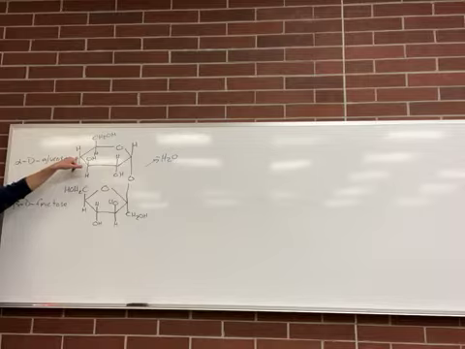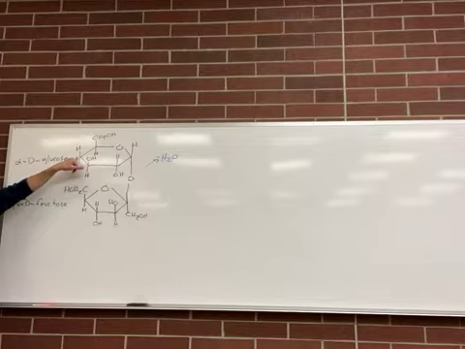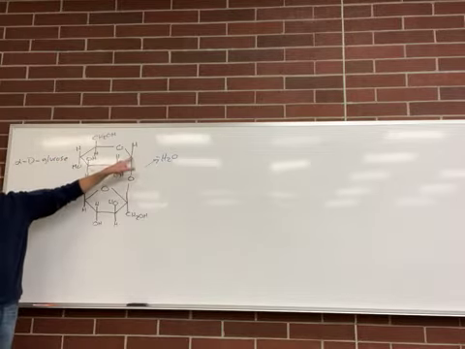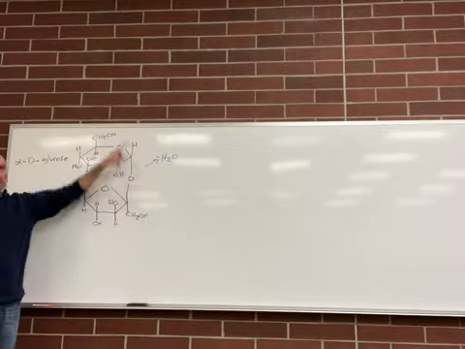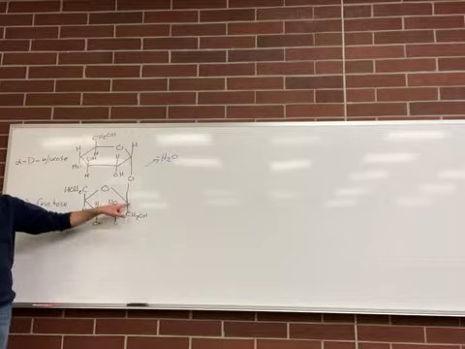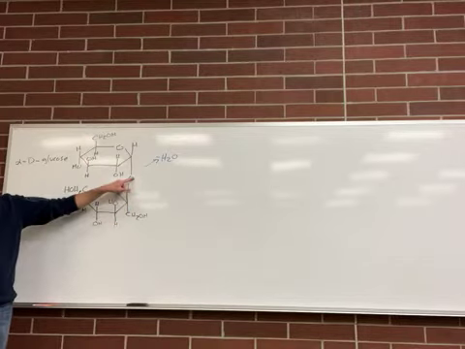If it's up, it's galactose. If it's down, it's glucose. That is not an anomeric carbon. That carbon does not open and close. This is an anomeric carbon, meaning it can go down or up.